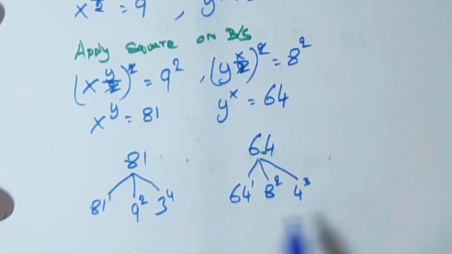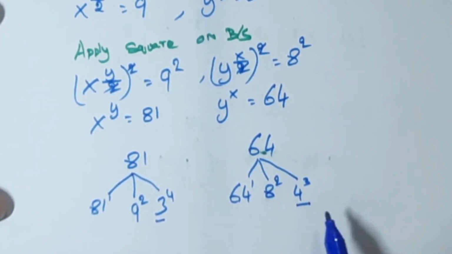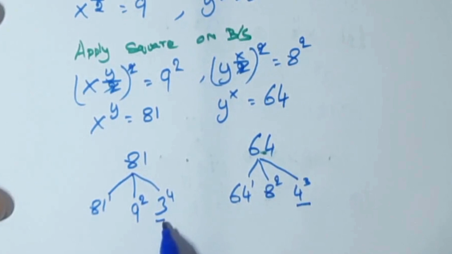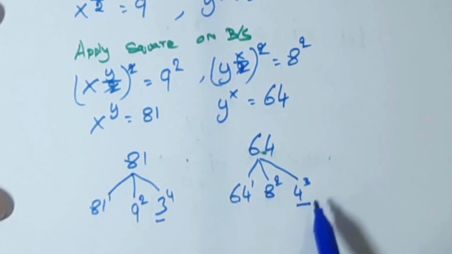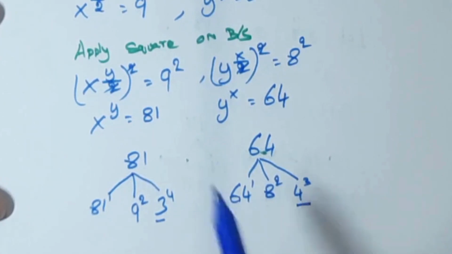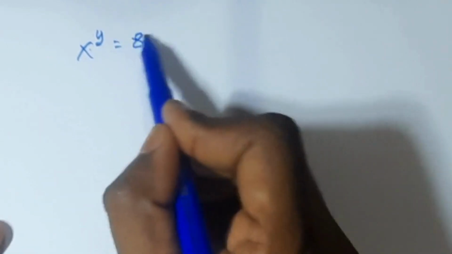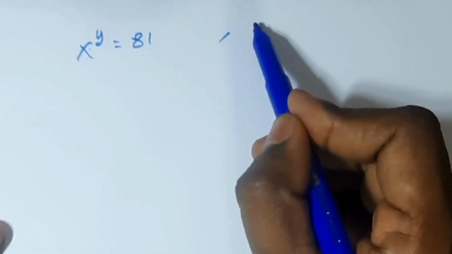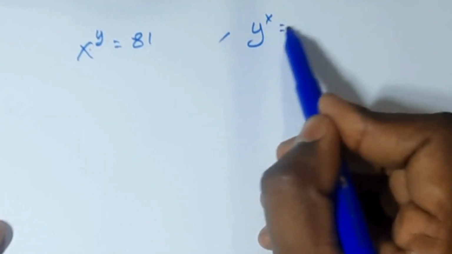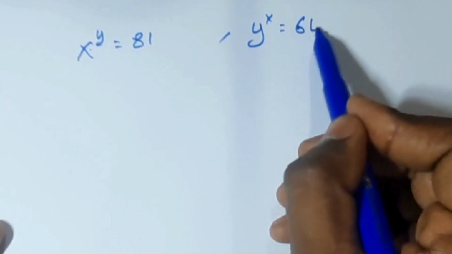If you compare these two, the base and power will be the same here. So 3 to the power of 4 and 4 to the power of 3, we are going to take it here. We know that x to the power of y equal to 81 and y to the power of x equal to 64.